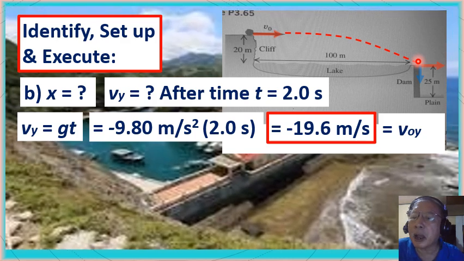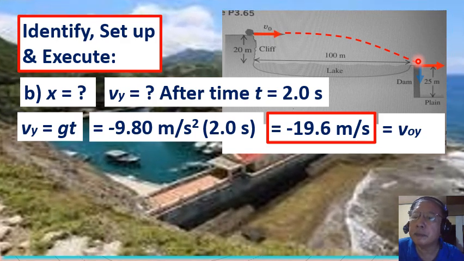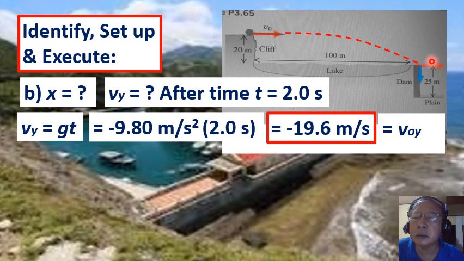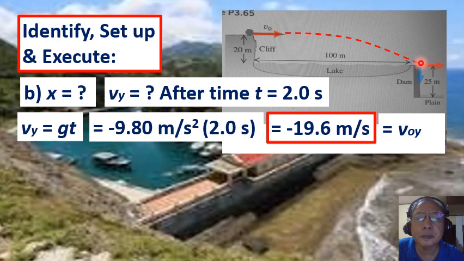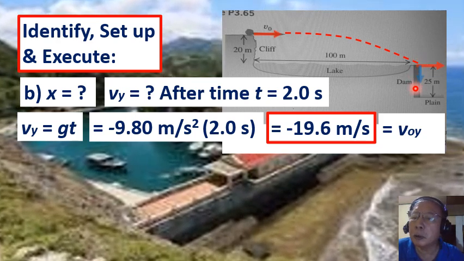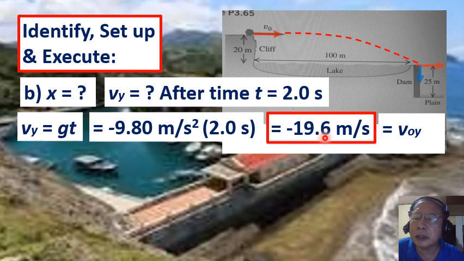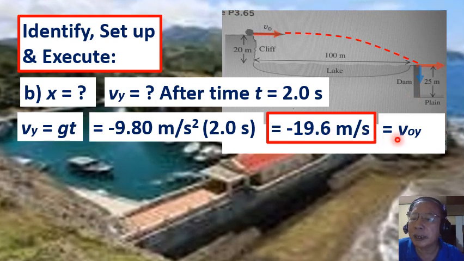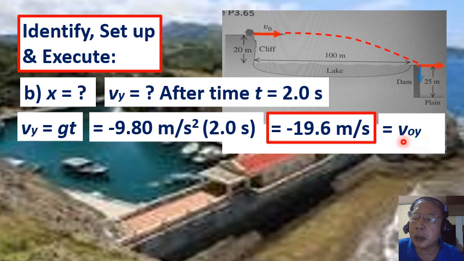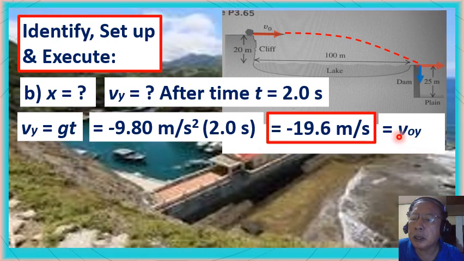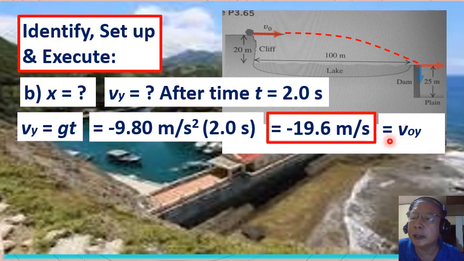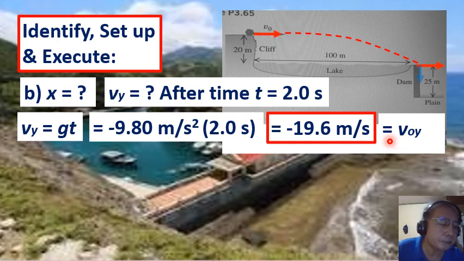the velocity of the rock is composed of the horizontal component and the vertical component, which is downward, equal to negative 19.6 meters per second. So that is denoted here by V sub not Y, right?